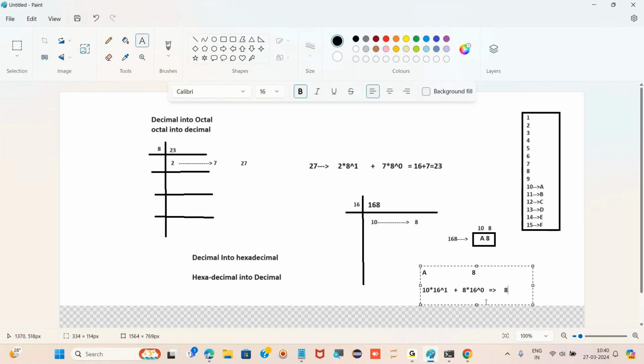Plus 16 power of 1 is nothing but 16 only, so 10 multiply with 16 is 160. When we calculate this, it will become 168.